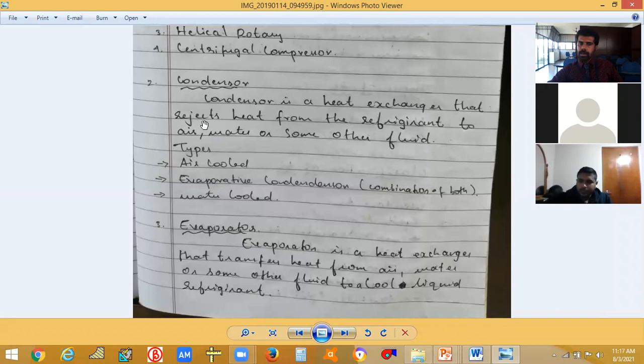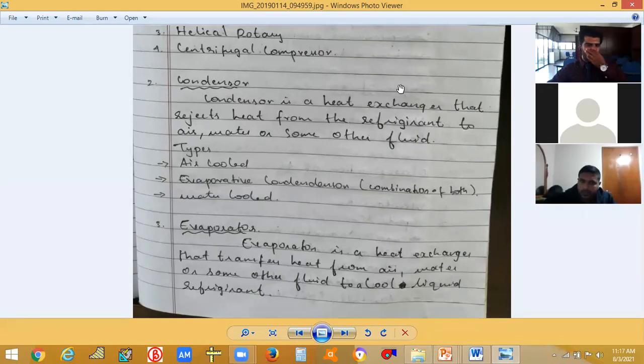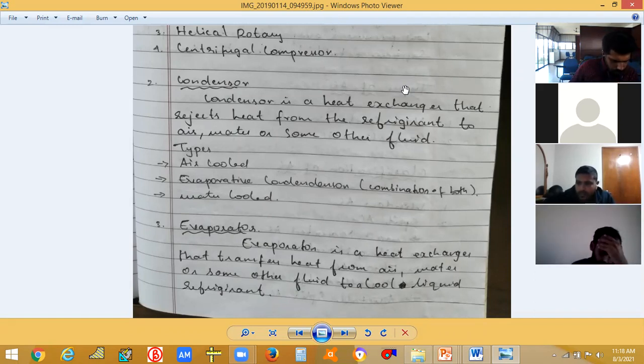These are the types of condenser. Condensers are outdoor units.